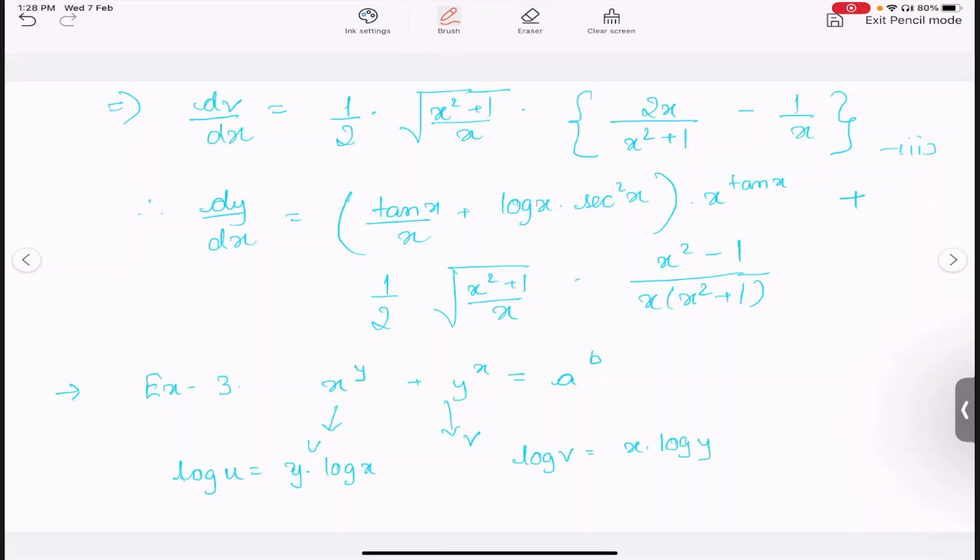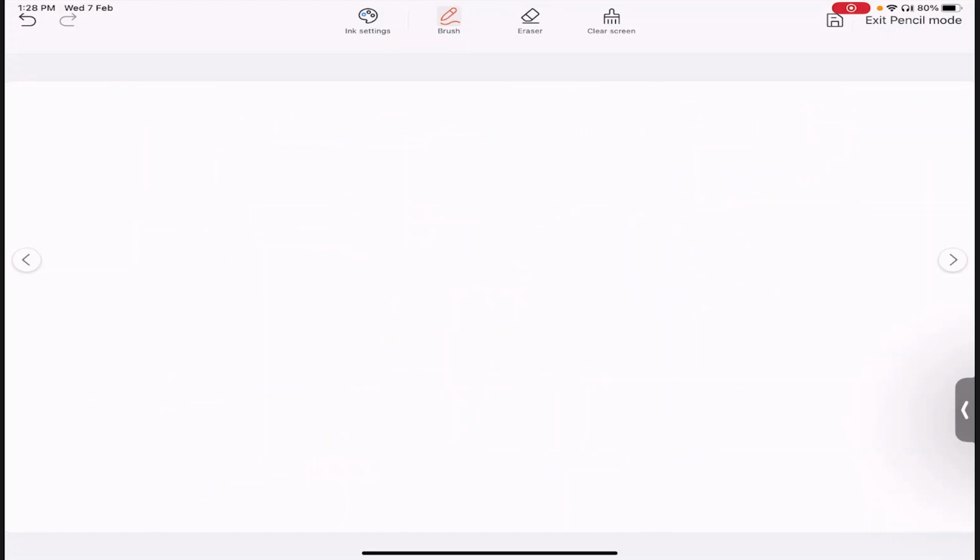Now what we are supposed to do, we have to do the derivative. So we already know 1 by u times du by dx is equal to, basically what I am doing, d by dx of log u will be equal to the derivative of y times log x.